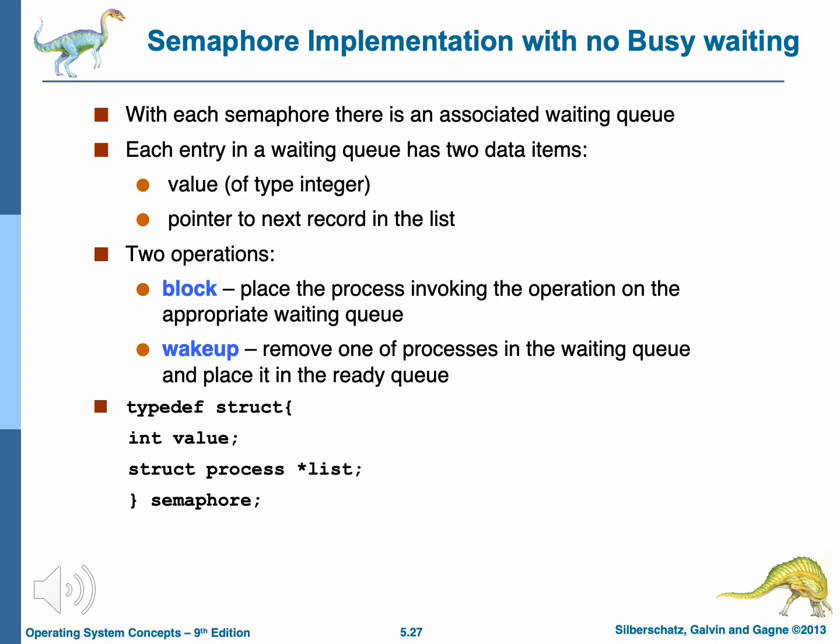Each semaphore has an integer value and a list of processes. When a process must wait on a semaphore, it is added to the list of processes. A signal operation removes one process from the list of waiting processes and awakens that process.